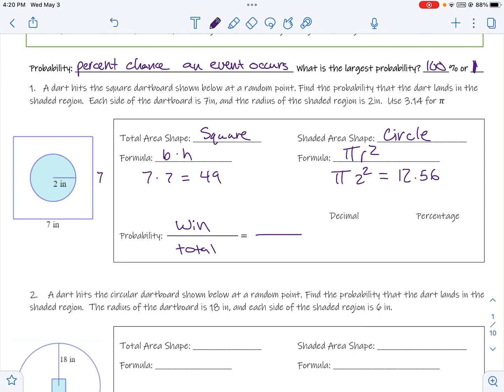And when you do this on ALEKS, you will have to use 3.14 so that we don't have these weird decimals. But I'll get 12.56 for the area of that shaded region. That's what we would consider a win. A win would be hitting your dartboard in there somewhere.